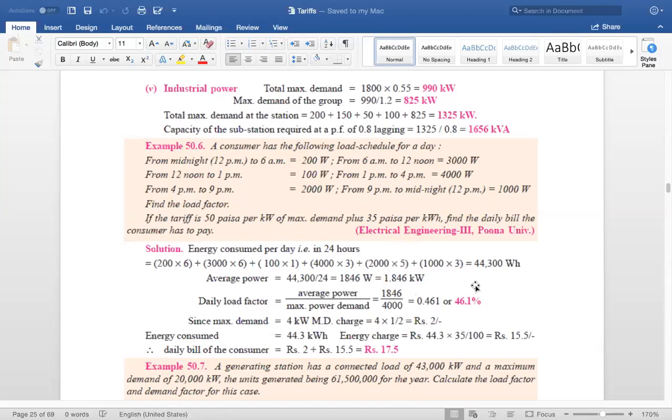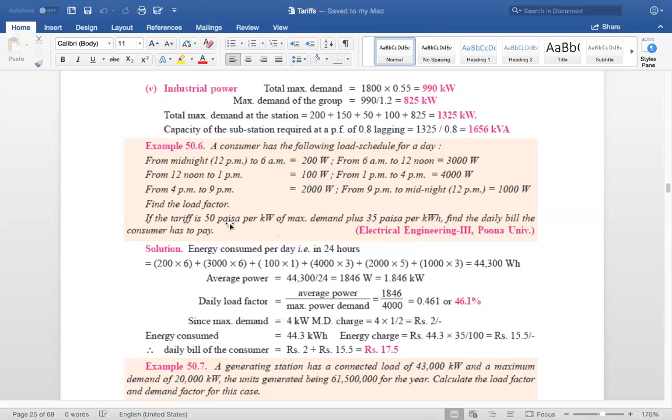That gives us 44,300 watt hours. So the average power, that will be 44,300 divided by 24, which gives us 1846 watts. So the daily load factor is the average power over the maximum demand, which is 1846 divided by 4,000.